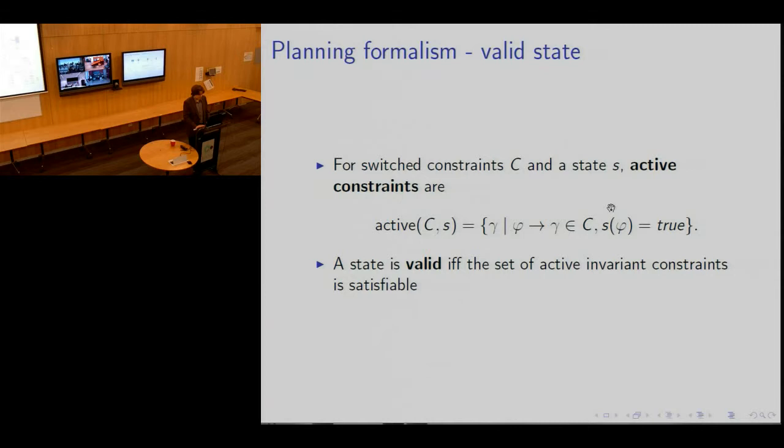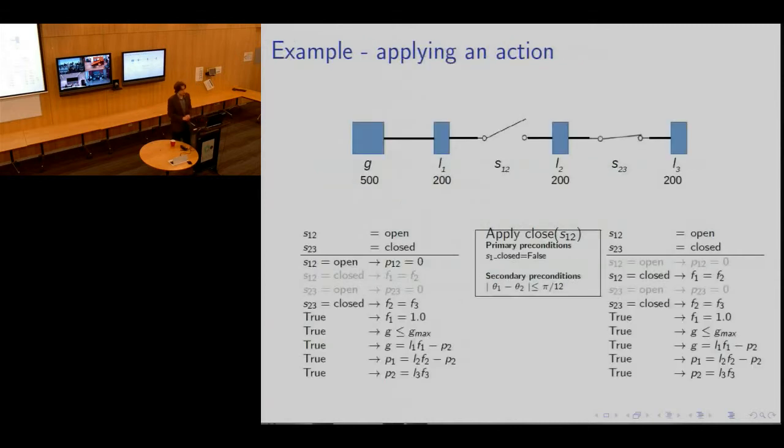Okay, so this can be illustrated with an example. We are given this small power network, which consists of one generator with capacity of 500, and a couple of loads, each with a load value of 200. So we have this initial state in which this switch is open and this switch is closed.